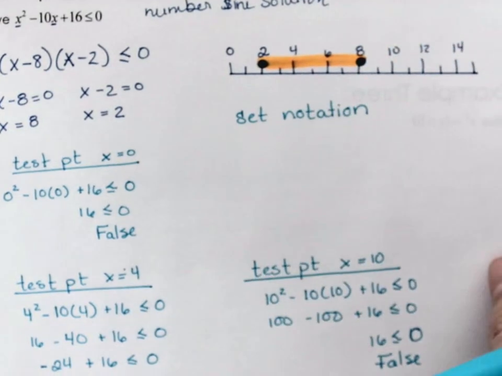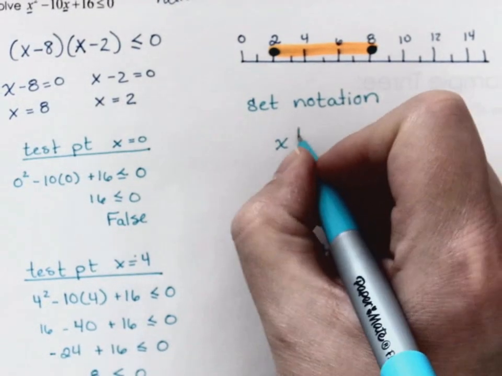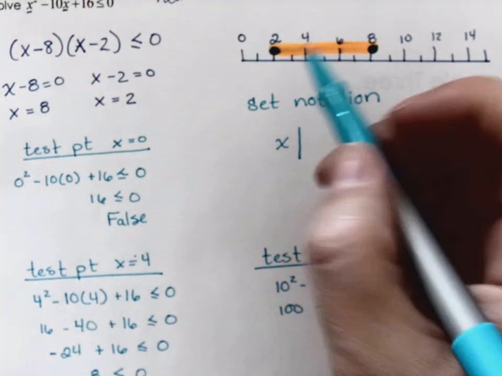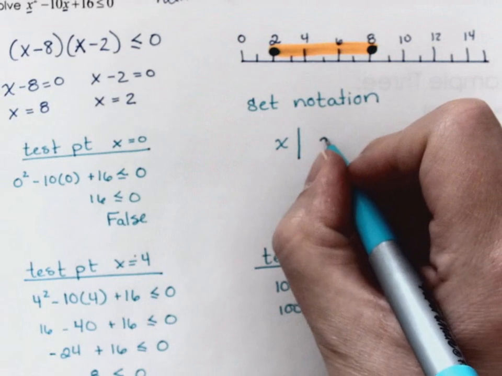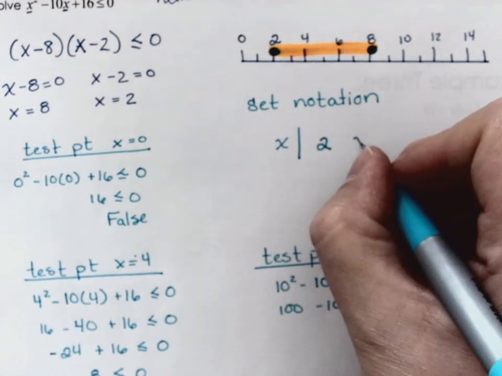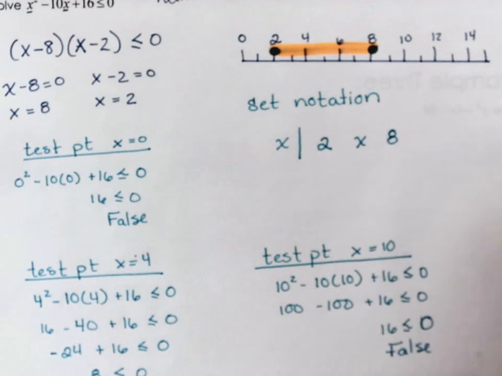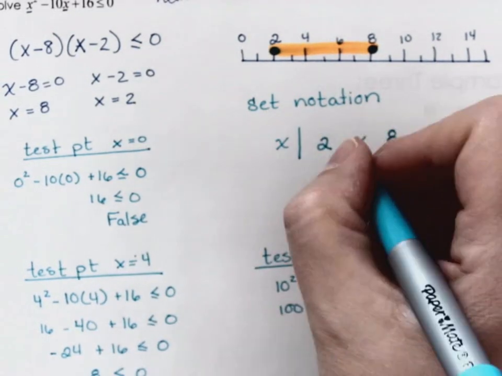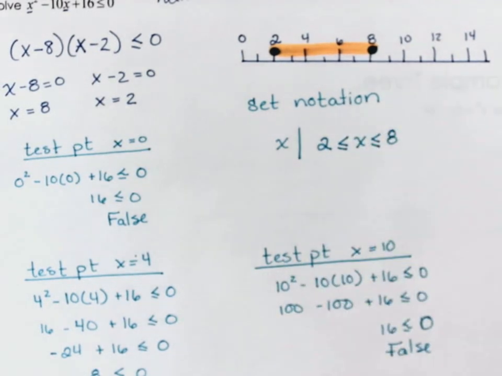Set notation has the fancy brackets. The first thing we do is define our variable x. We're going to draw a line, and then we're going to make a statement about this. We always put the lower one on the left, our variable in the middle, and our bigger one on the right. Because these are closed circles, we are going to point all our arrows to the left.